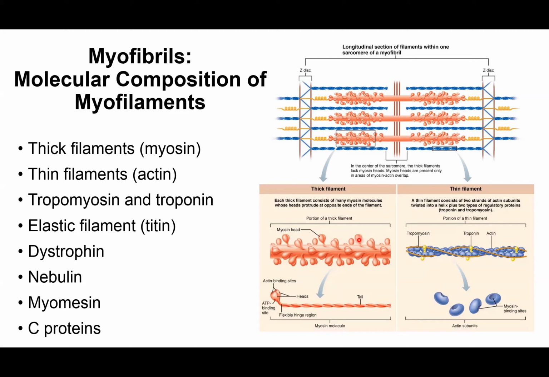If I took just this section right here and zoomed in on it, it would look something like this down here, where there are two heads, a site for ATP to bind, and the heads are next to a region that's really flexible, sort of like a hinge, and then we have the myosin tail.